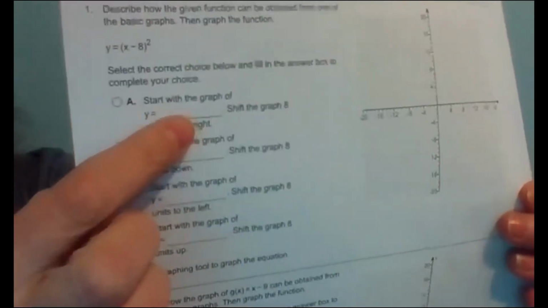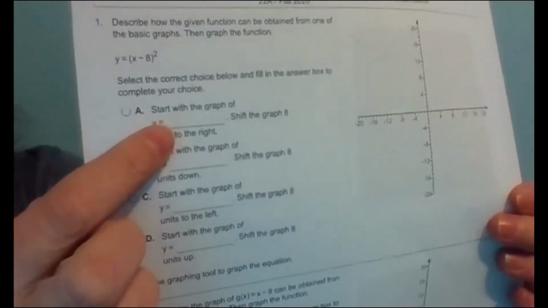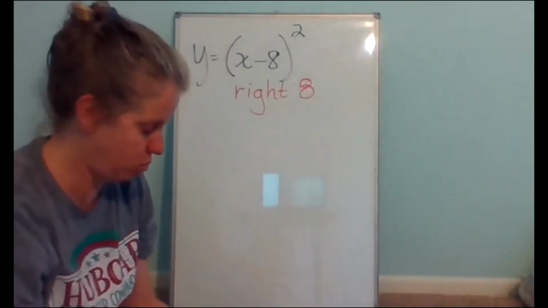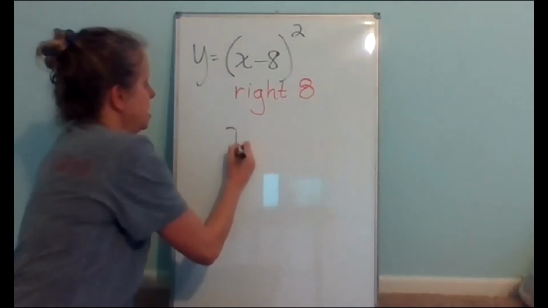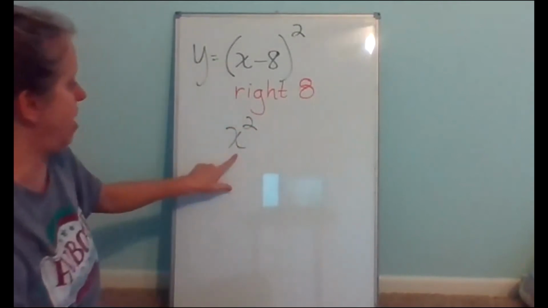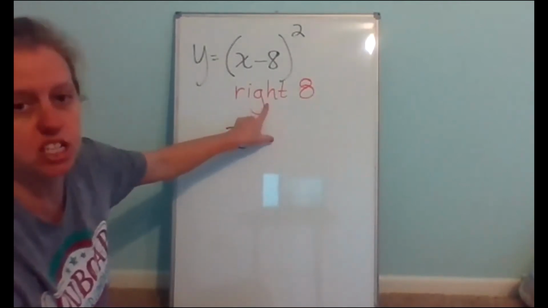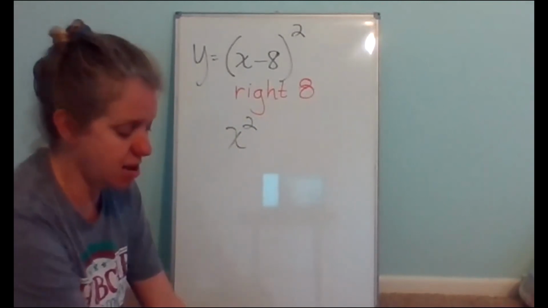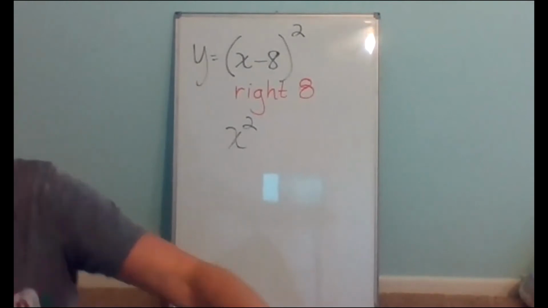Shifts it 8 units to the right. Now, here's what you put in here. What is the shape of the graph? What's giving it its shape? What is the original shape that you are starting with, which would be an x² graph. So an x² graph that is shifted to the right 8. Now, let's see what this looks like in MATLAB.